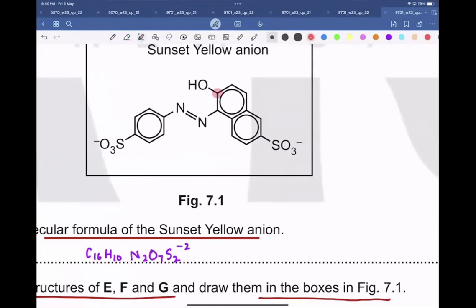Let's suppose this one has a different environment, this one has a different environment, this one, and then these two. Then this one has a different environment, and this one has a different environment, and this one has a different environment.